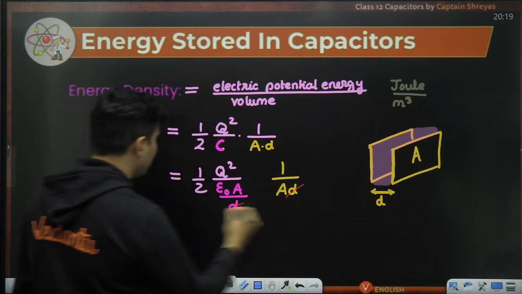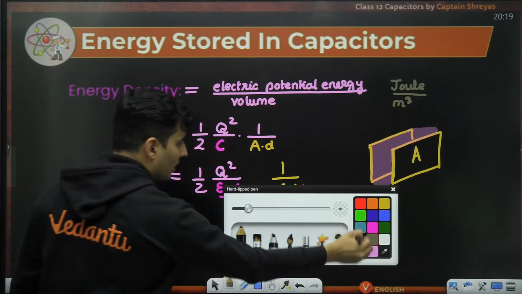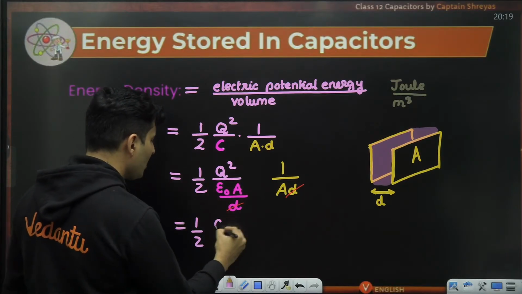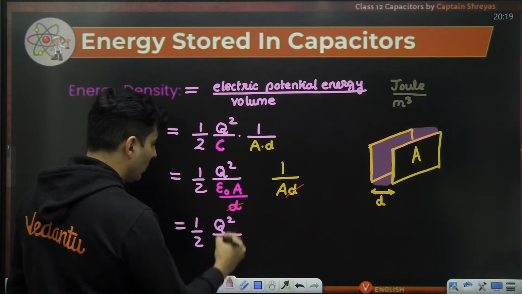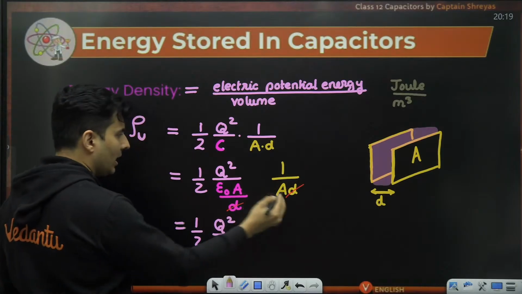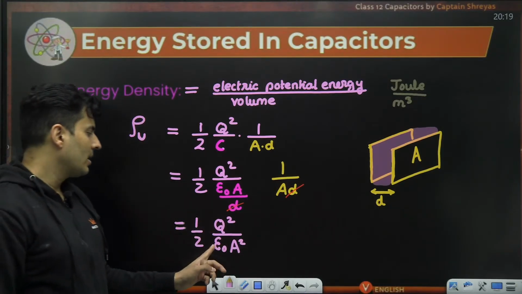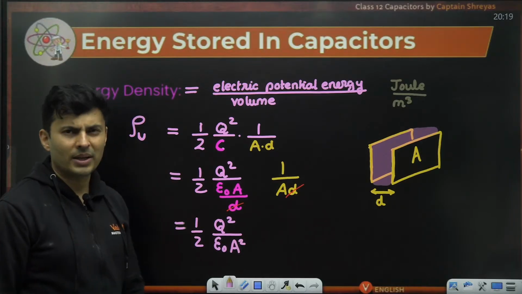So I am purely left with half Q square, I also have epsilon naught, and I also have A square over here. Half Q square by epsilon naught A square.